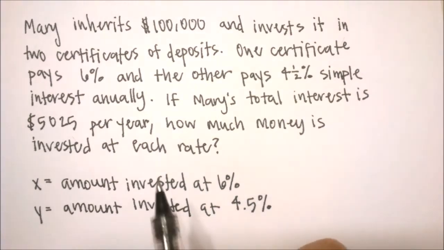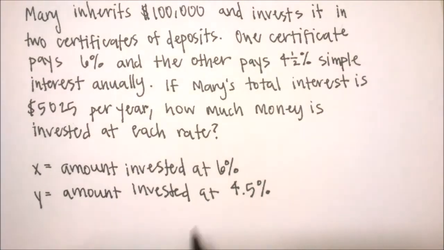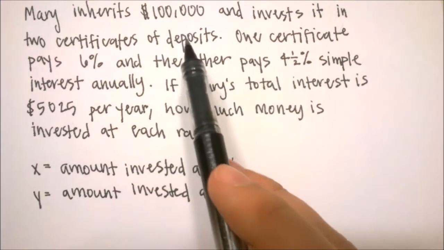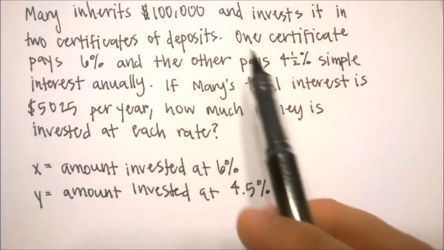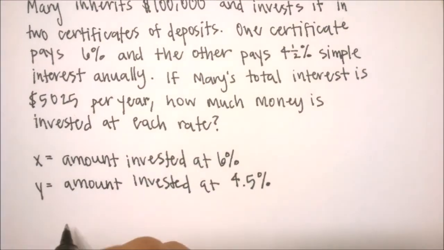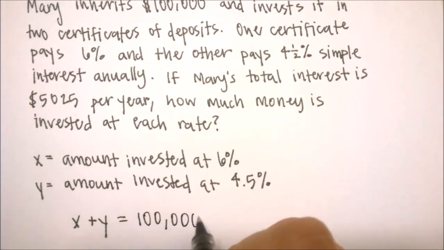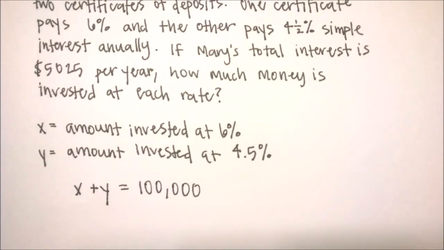So if we know that some amount invested at 6% and some amount invested at 4.5% will total $100,000, because that's what she inherited and she invested all of it into the two, then we know that X plus Y equals 100,000.